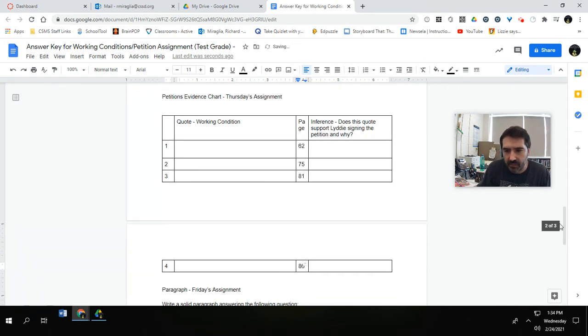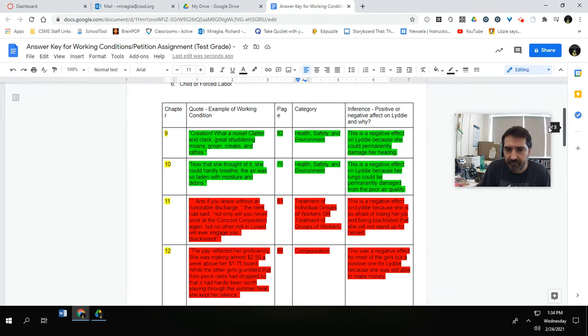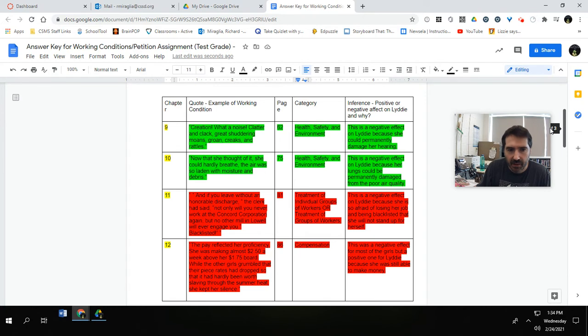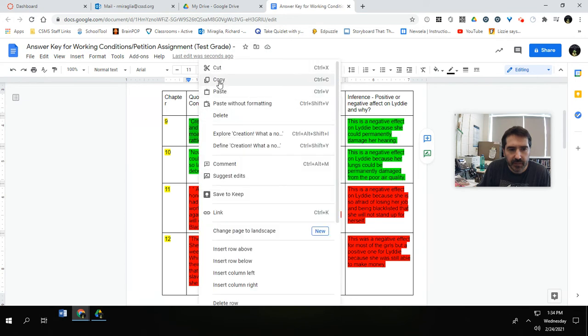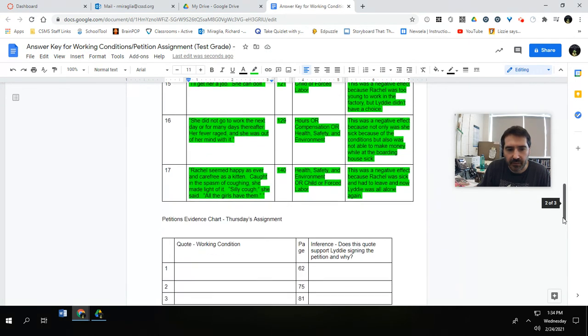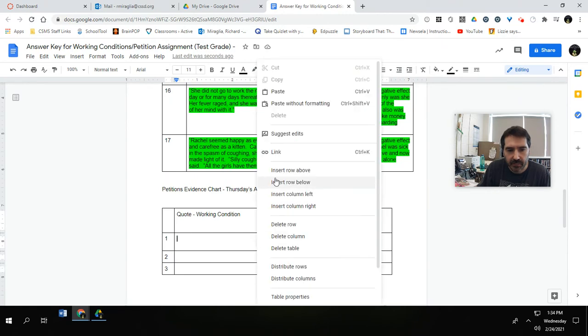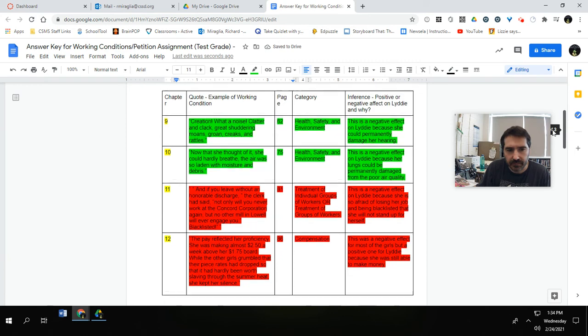Those are the page numbers from above. I cheated a little bit, I wrote them down, but it's 62, 75, 81, and 86. Now I'm going to copy and paste, not cut, because I don't want to get rid of it. I want it in the other assignment. And I do that for my quotes.